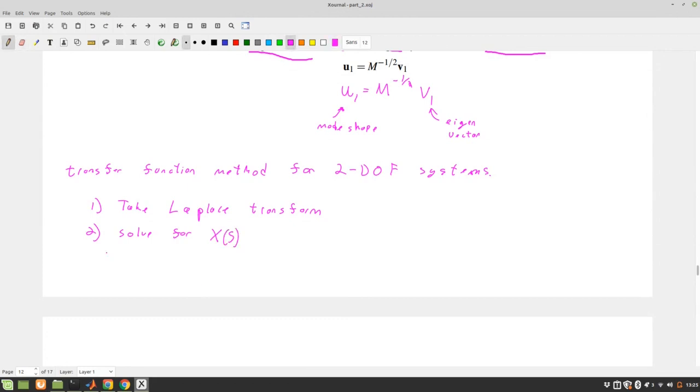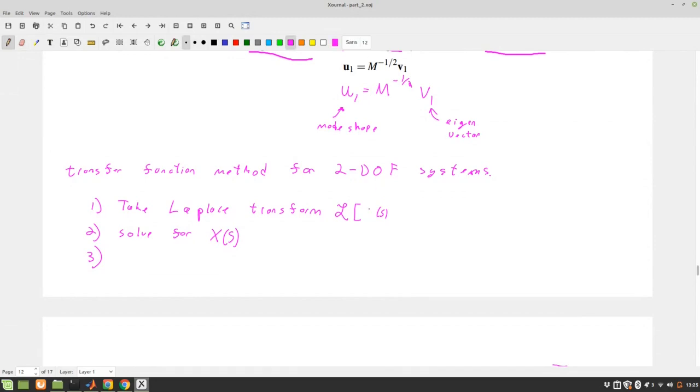And then apply and then take the inverse Laplace. Let me write it like this. It's x of s, right?